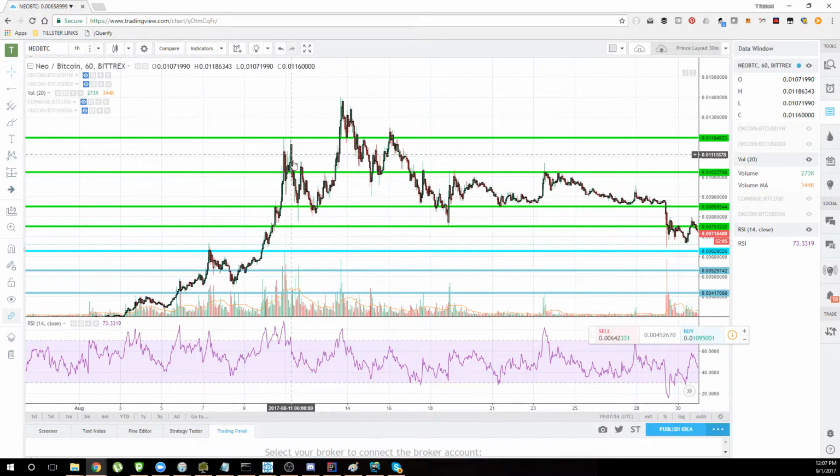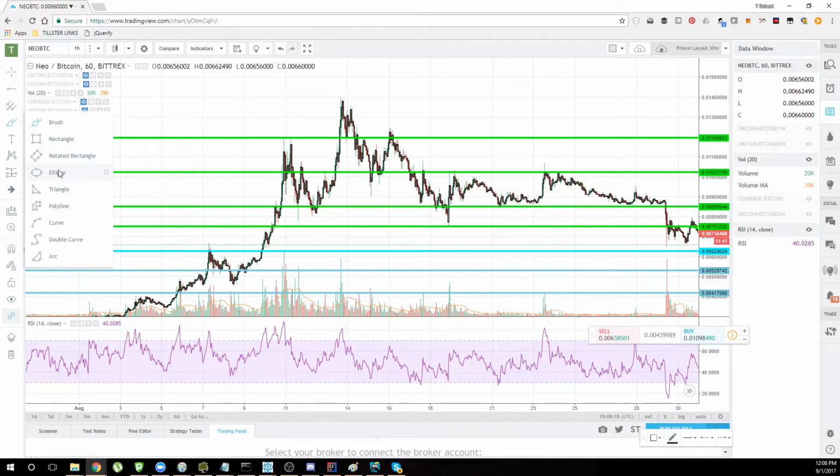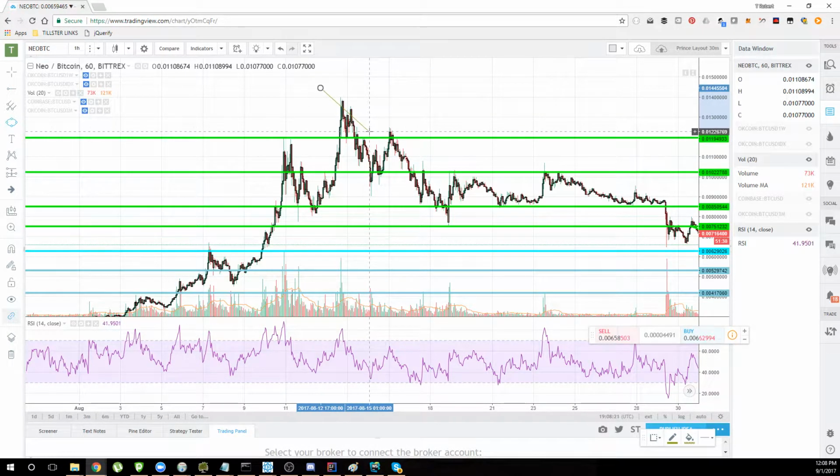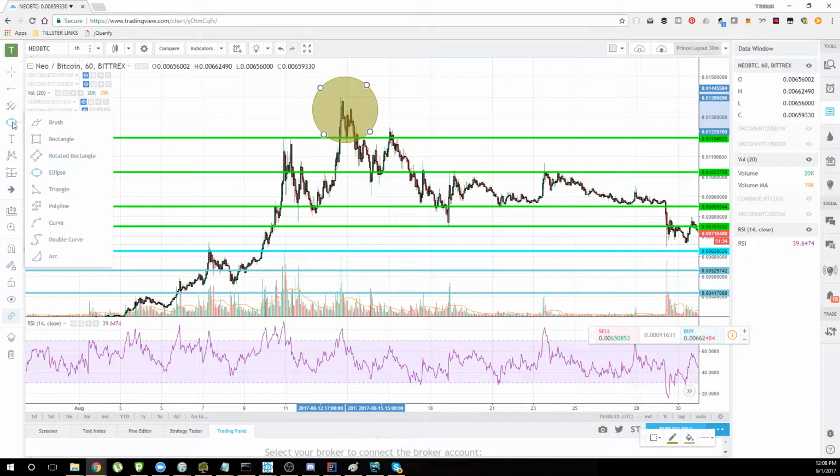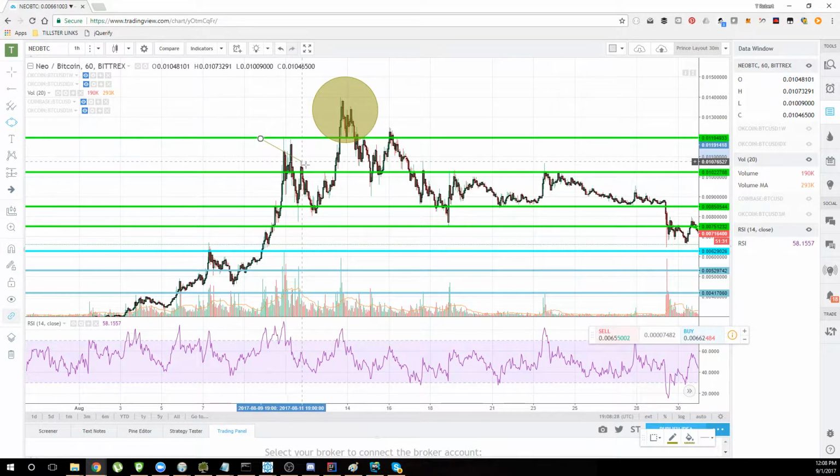Back over here, looking more closely at this type of pattern right here, we can say that we made a very interesting set of motions here, almost like a head and a set of shoulders. If this were the head right here, I'm just going to draw this on with my pencil tool. If this were the head right here, these could be our shoulders on either side.